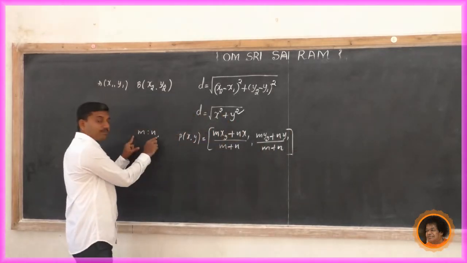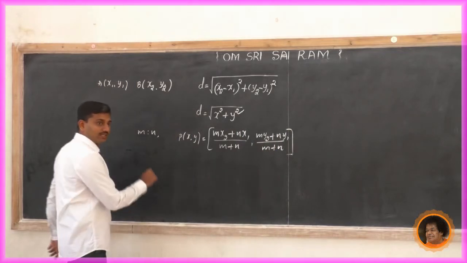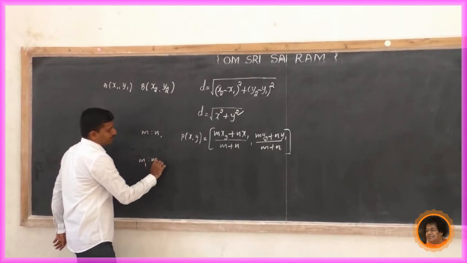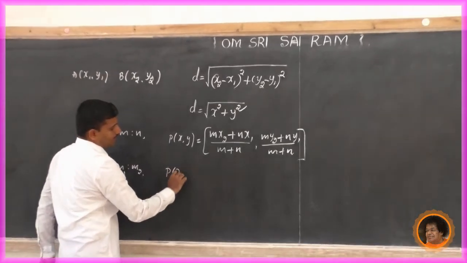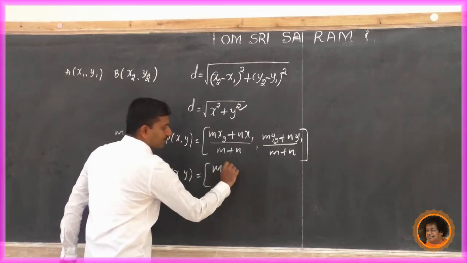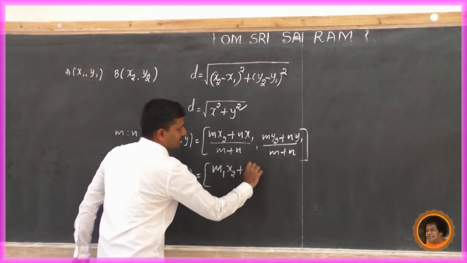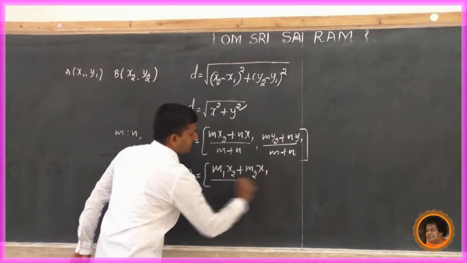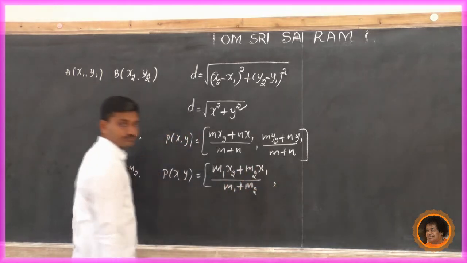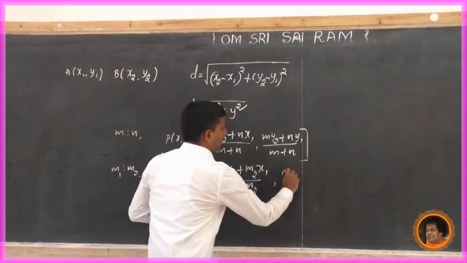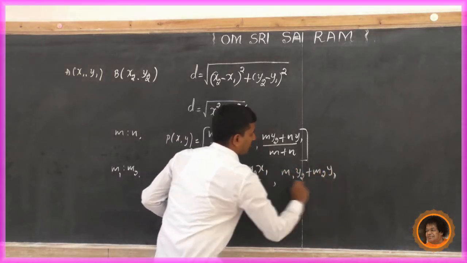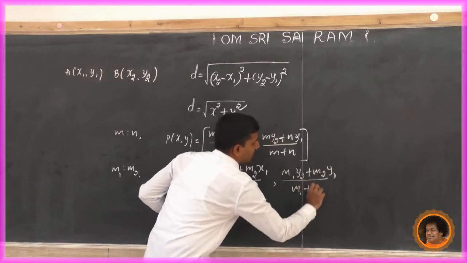So in the ratio m is to n, but in your textbook the ratio is given as m1 is to m2, then the formula becomes P of x comma y equals m1 x2 plus m2 x1 divided by m1 plus m2, comma m1 y2 plus m2 y1 divided by m1 plus m2.